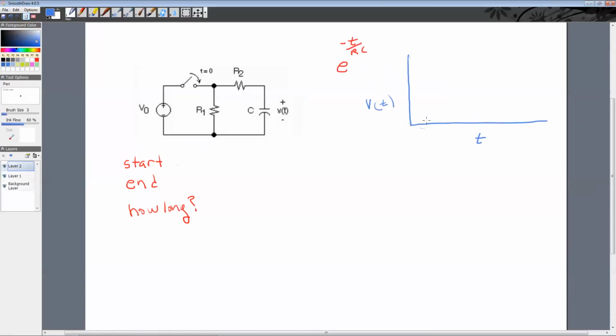So that's our start, right? We start at zero. Now, where are we going to end?